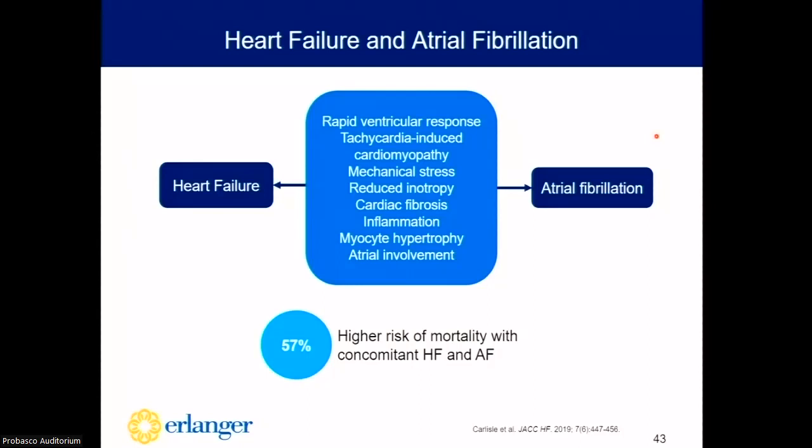Rapid ventricular response can contribute to further hemodynamic instability, decompensation, and also damage that can contribute to heart failure. And then heart failure can also promote an inflammatory state that can encourage the atrial fibrillation substrate. We also see that there is a 57% higher risk of mortality in patients that have both of these conditions.